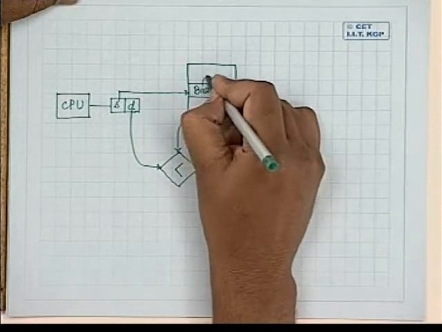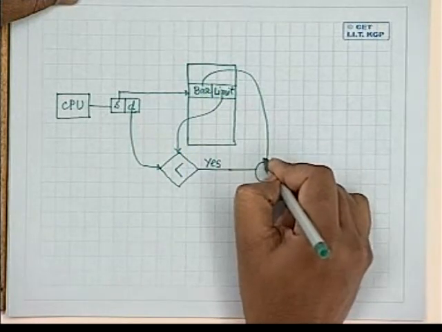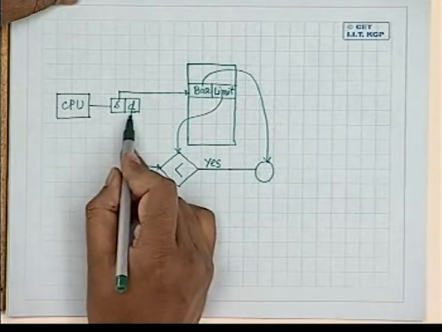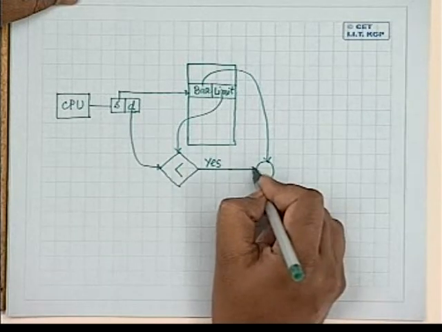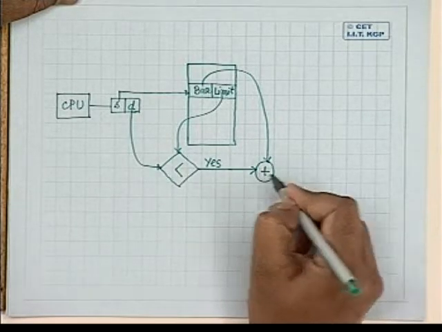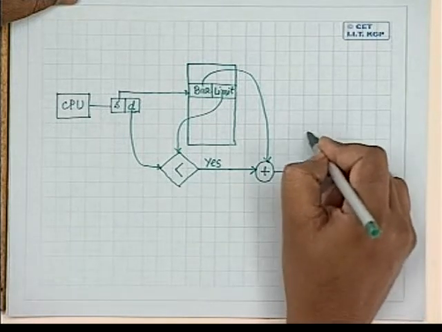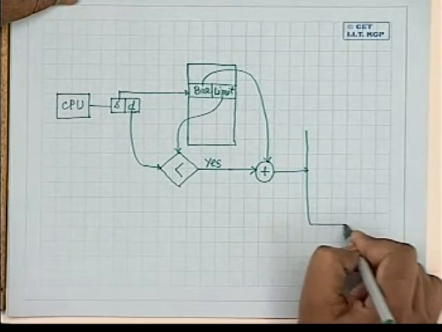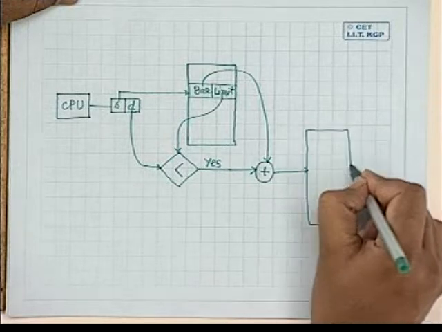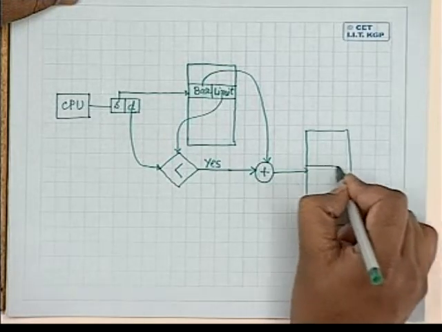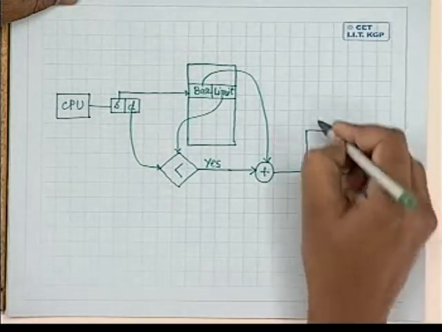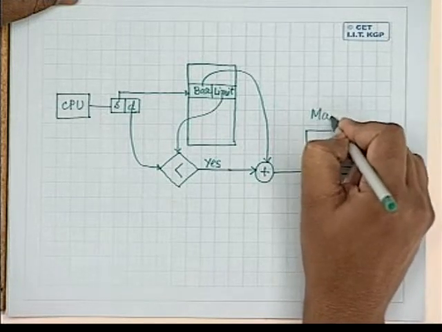So the content of the base address will be added to offset D. That gives you the physical address in the main memory where the data or the instruction is to be accessed. So this is the main memory.